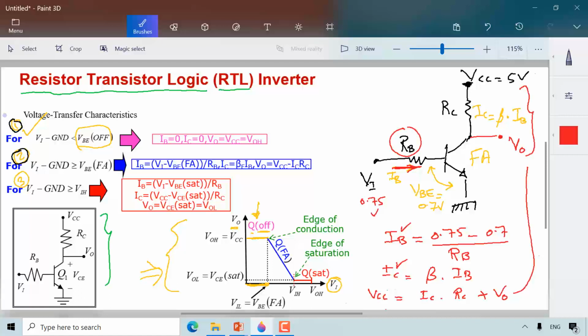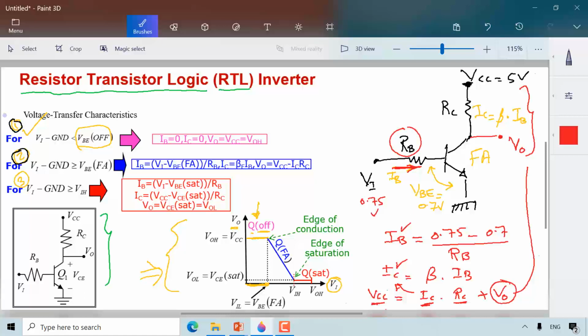I'm applying Kirchhoff's voltage law here. I know VCC, I know the value of IC because I computed it here, and I know the value of RC, so from here I can find Vout.